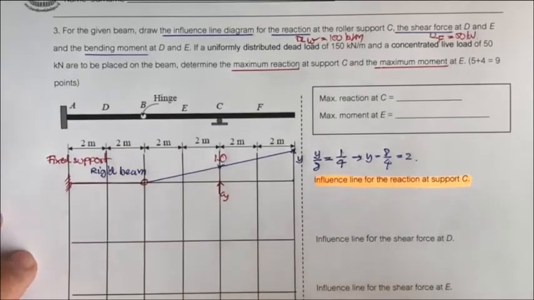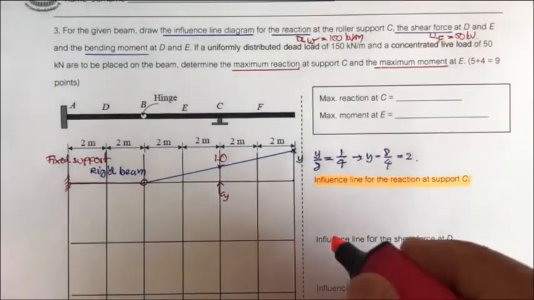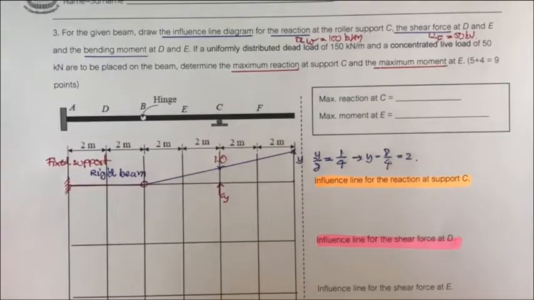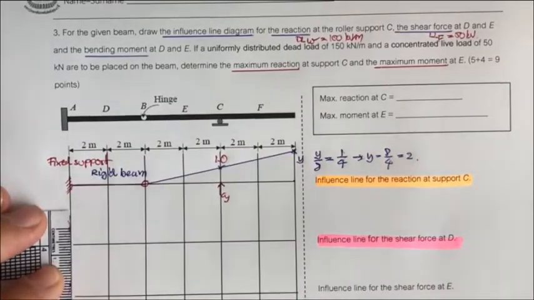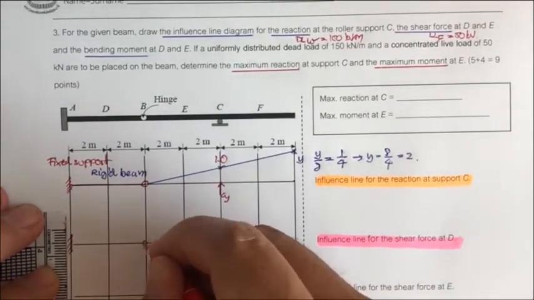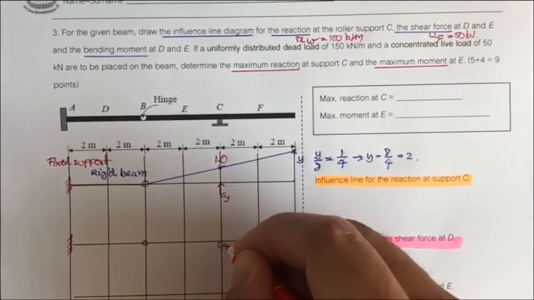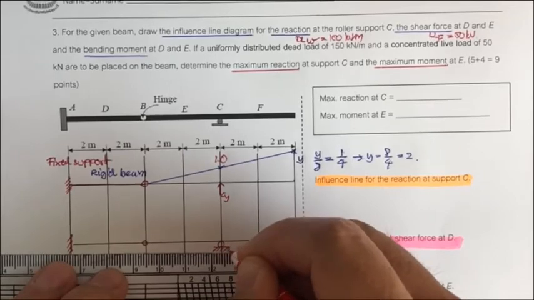Next, let us consider the influence line diagram of shear force at D. D is here. The support here is fixed. Just put it fixed, and this is hinge, and this is roller. The supports are the same.